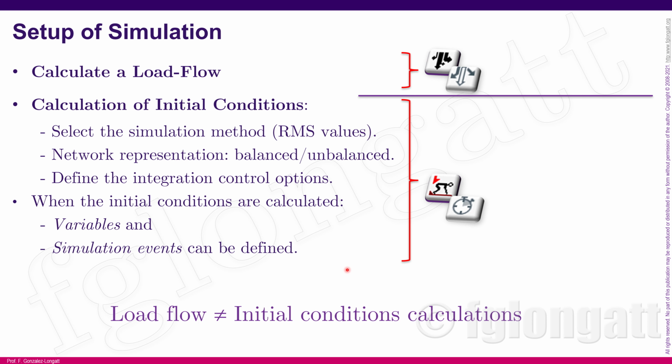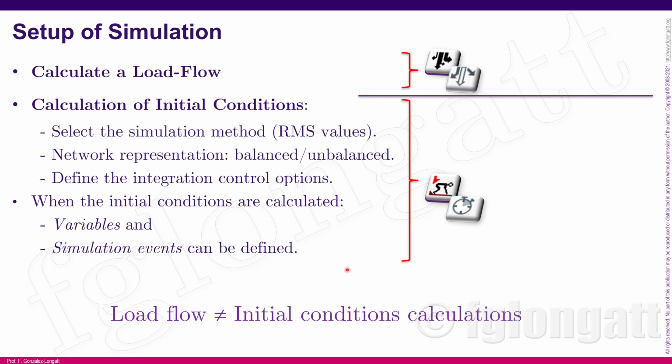You consider the steady state of the power system, and for instance, you obtain the state variables, in this case voltages, powers, and so on. Load flow is just basically solving the network in a steady state. That is the load flow calculation, obtaining voltages at load buses, obtaining reactive power in PV generation units, and so on.